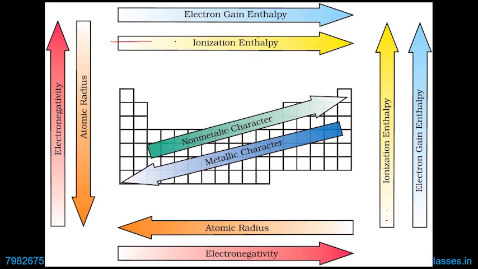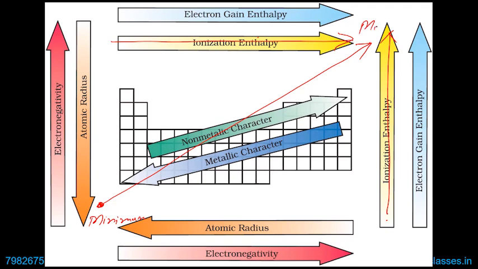If you combine these two vectors, I'm talking in terms of mathematics, you will get a resultant vector like this. It means here it will be minimum, and at this end it will be maximum. So ionization enthalpy will be minimum for the element on the left bottom corner of the periodic table, and maximum at the right top corner.